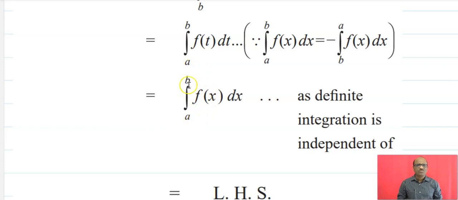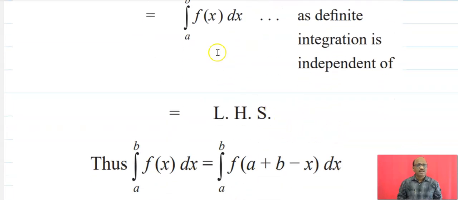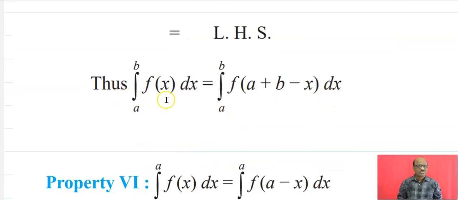Therefore, integral a to b f of x dx, as a definite integral, is independent of the variable, and this is nothing but our LHS, and thus LHS is equal to RHS. That is, the integral a to b f of x dx is equal to integral a to b f of a plus b minus x dx.